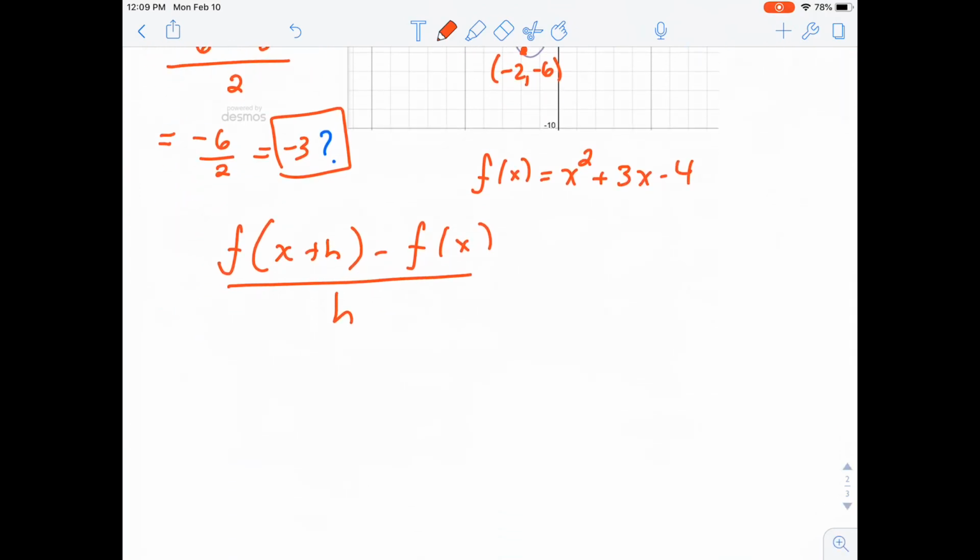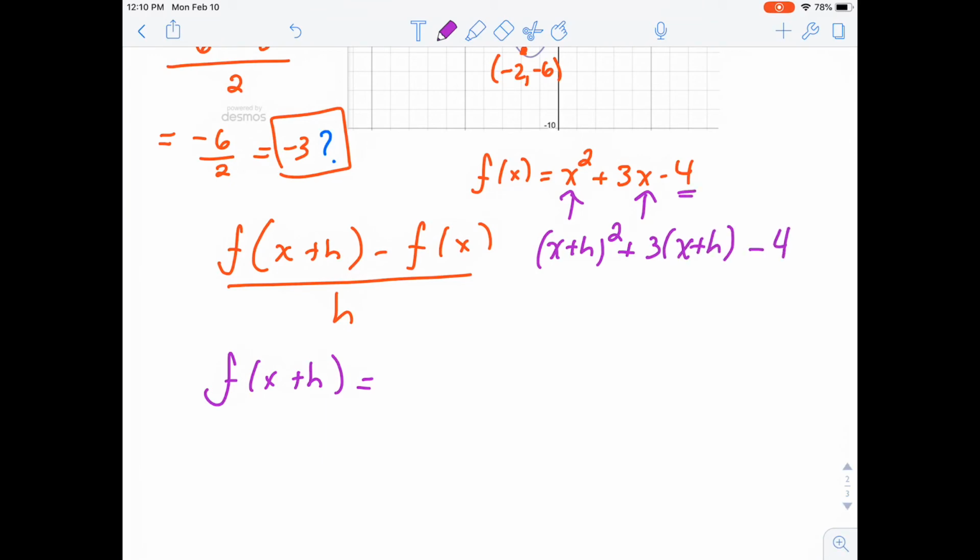What we want to do first is find f of x plus h. That means just replacing our x's with x plus h's. So x plus h squared plus 3 times x plus h minus 4, which notice is not impacted by h, so that stays constant. Properly distributing out and multiplying x plus h times x plus h gives us x squared plus 2hx plus h squared.